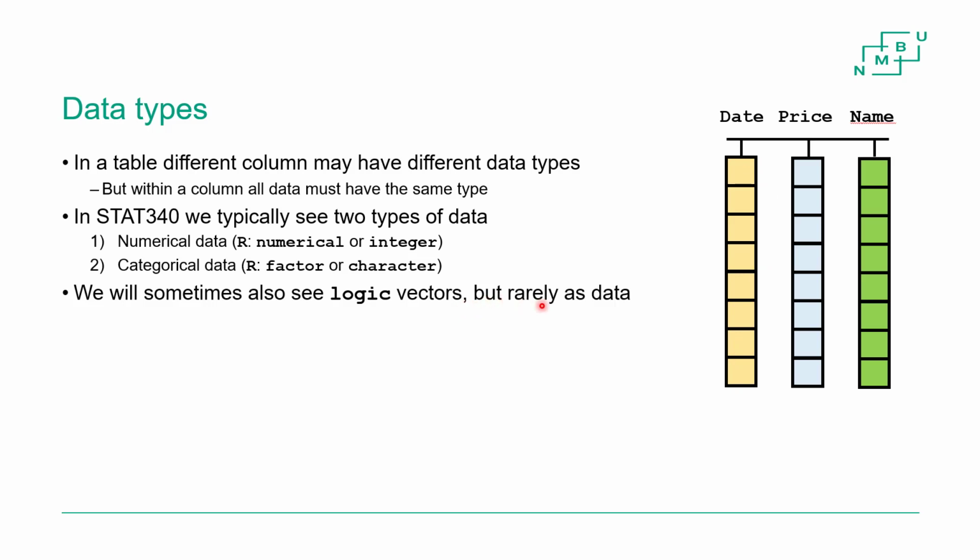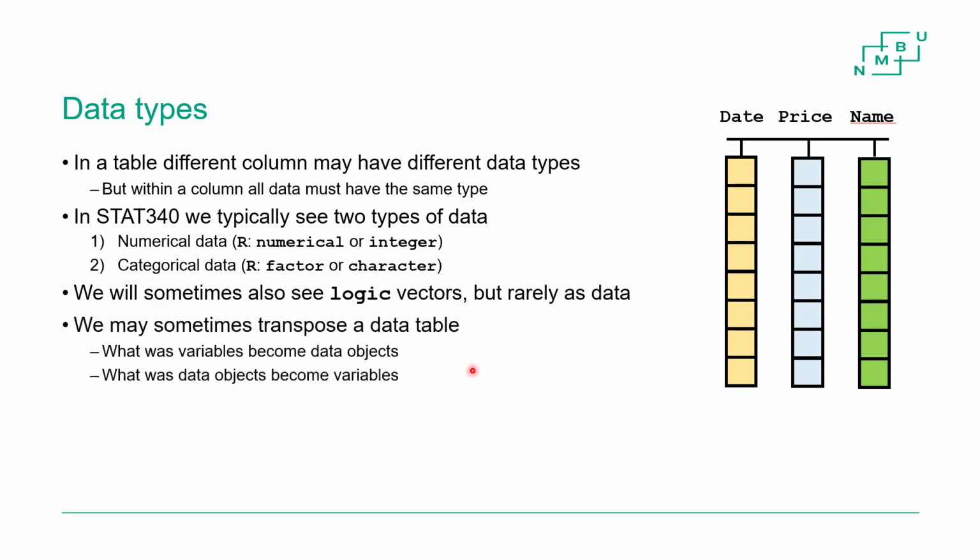If we have binary data, I mean data which is categorical with two categories, we store it as a factor, actually, with two levels, right? Not as a logical. A logical is purely for programmatic use, not as a data type.